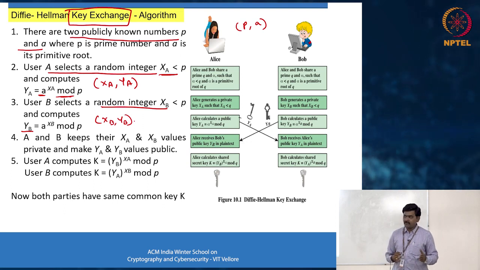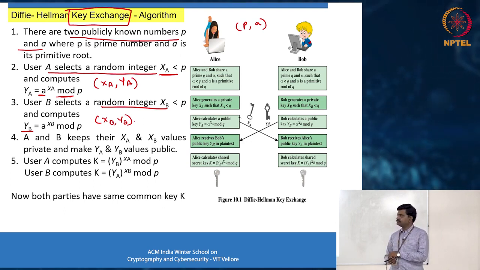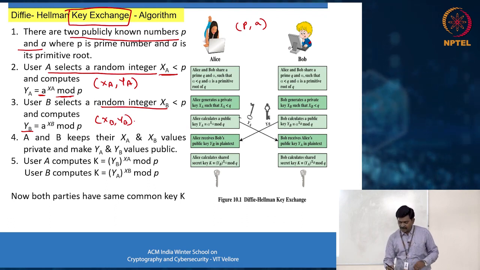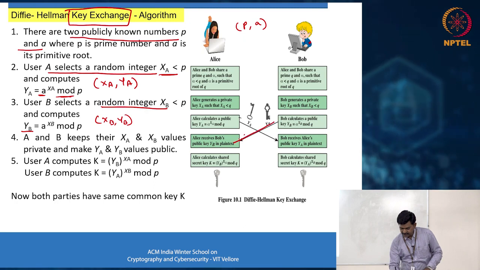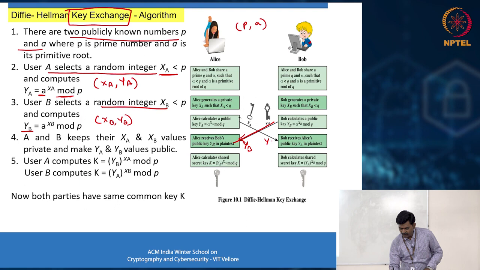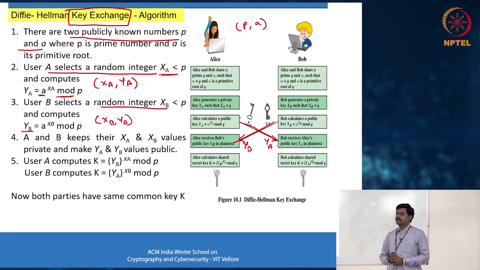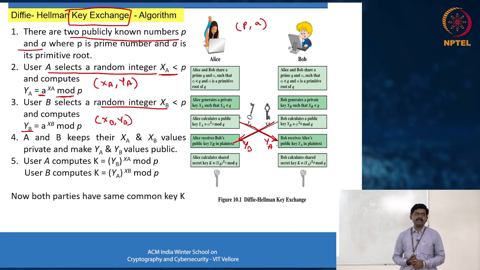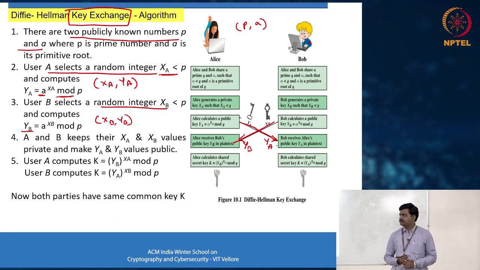Alice shares ya to Bob, Bob shares yb to Alice. So yb goes from Bob to Alice, ya from Alice to Bob. That means they are made public. Okay, ya is made public, yb is made public.